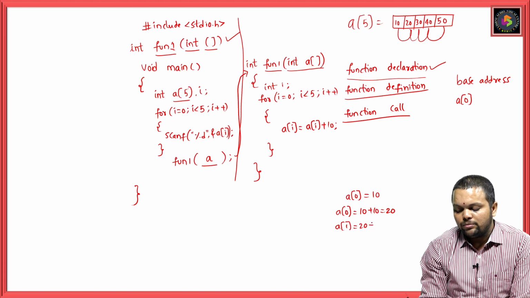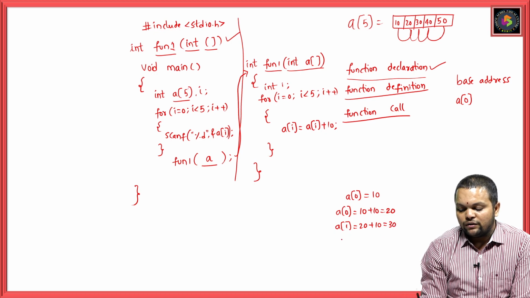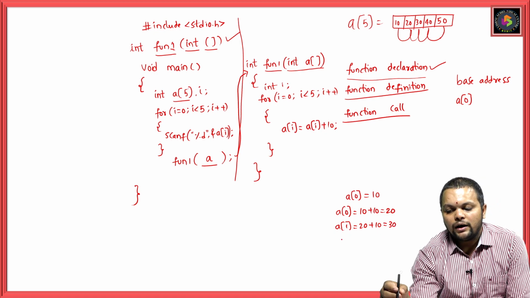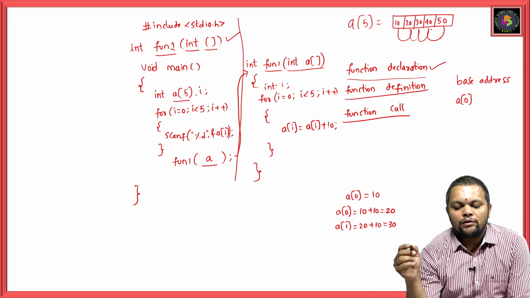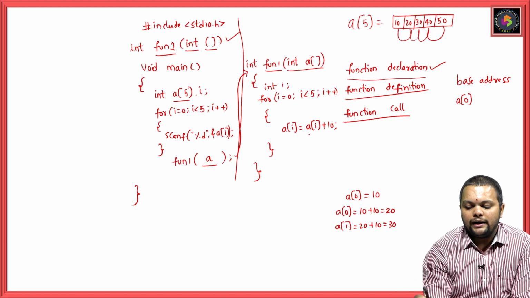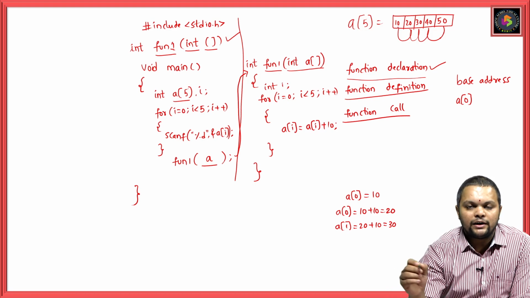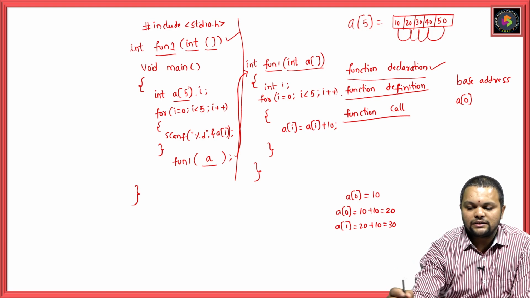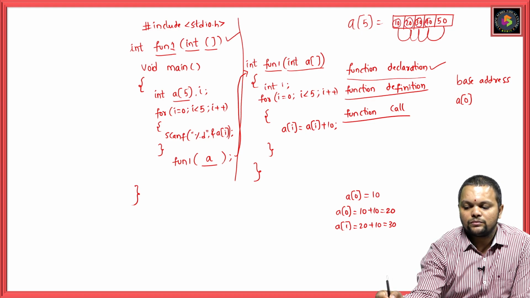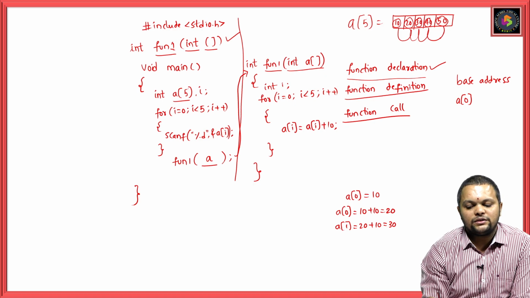A of 1 is 20 plus 10, that will be 30. Next iteration, a of 2, and that will go up to 0, 1, 2, 3, 4, and it will change the values inside your array. So, this will change the values at this position, this position, this position. All the values are changed.